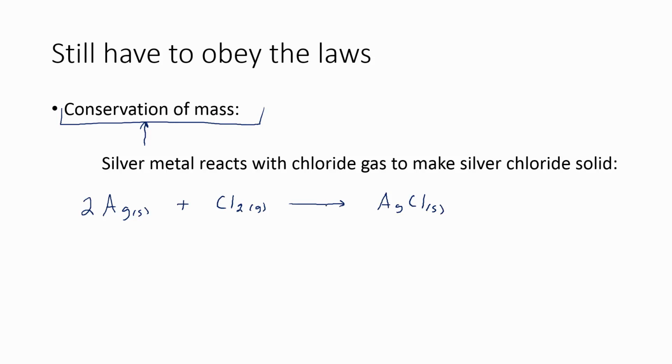Well, 2 silvers, 2 chlorines. If we say there's 2 of this whole unit, silver chloride, then now all of a sudden everything is okay again. The universe can go on about its business. I have 2 silver atoms, 2 chlorine atoms hooked together, bonds rearrange, and now silvers and chlorines are attached to each other. So I have 2 silvers and 2 chlorines before and after the chemical reaction has occurred.